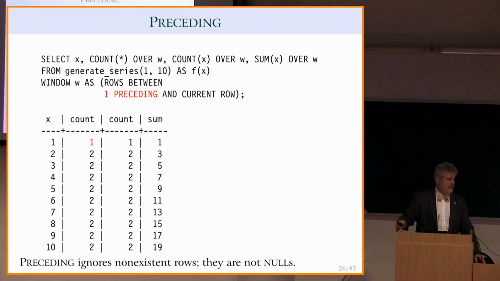And as you'll notice here, the current row 1 is just 1 because there is no preceding row. Okay, there is no row before it. Row 2 has 1 row before it, and it actually sums to 3. Row 3 has 1 row before it, and it sums to 5 because it's 2 plus 3. Row 4 is 7 because it's adding 4 plus 3, and all the way down. Okay?